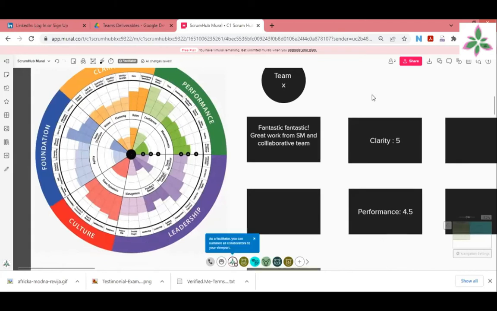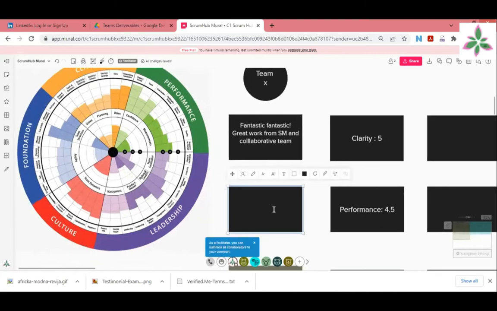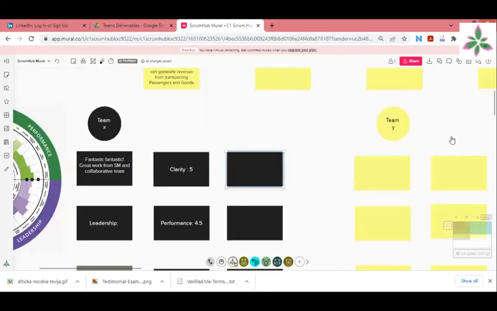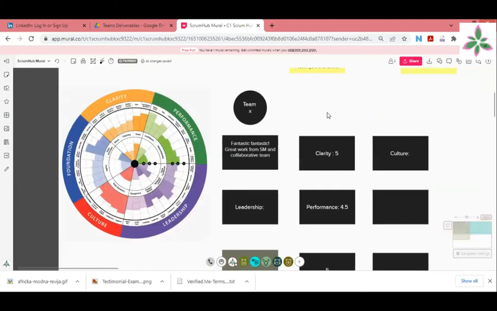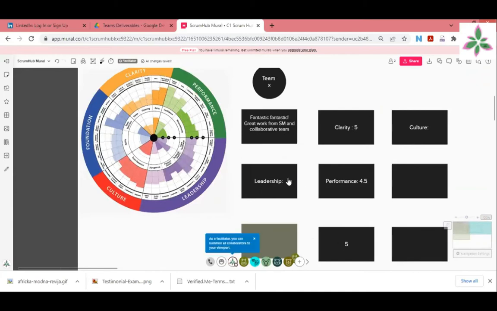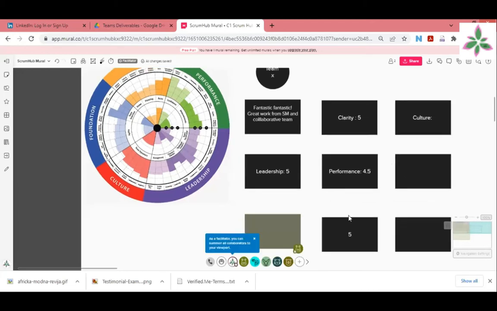So for culture, how would you rate Team X for culture? Oh, someone rated leadership 5 here. So okay, I'll just put leadership 5. Wow. So for culture, what would you say is the score for Team X?